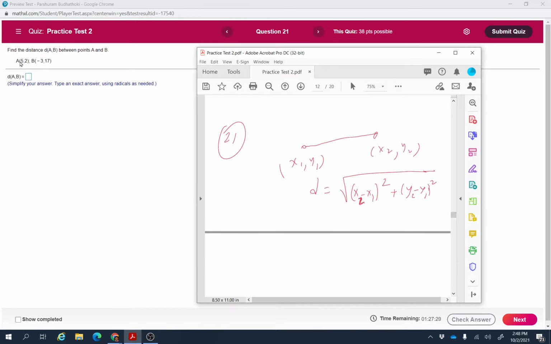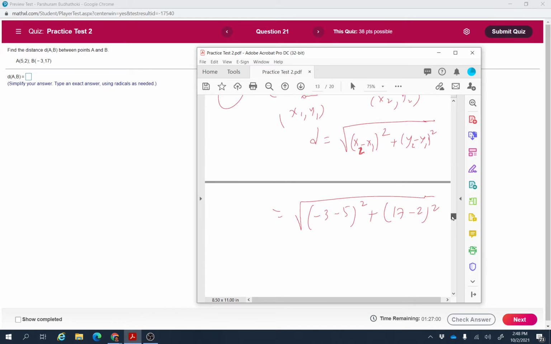In this problem, let's say a is x1 y1 and b is negative 3 comma 17. I'm just going to plug that value back here. So a is x1 y1 and negative 3 comma 17 is x2 y2. So x2 is negative 3, x1 is 5, whole square, plus y2 is 17, and then y1 is 2, whole square. So just do simplification here.